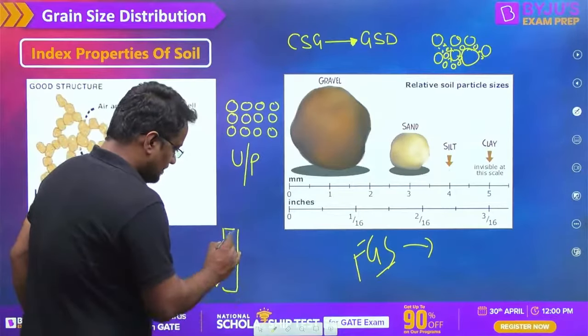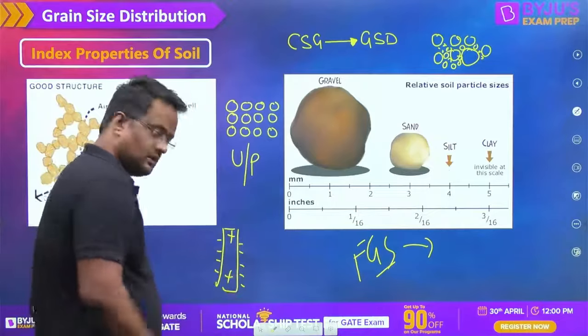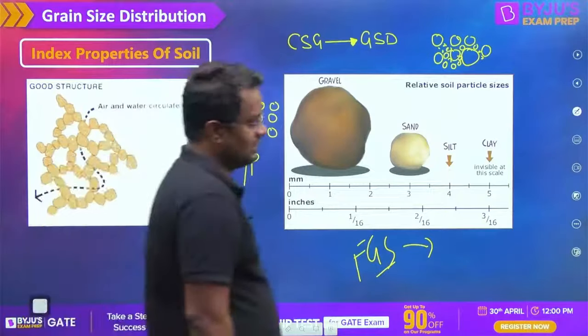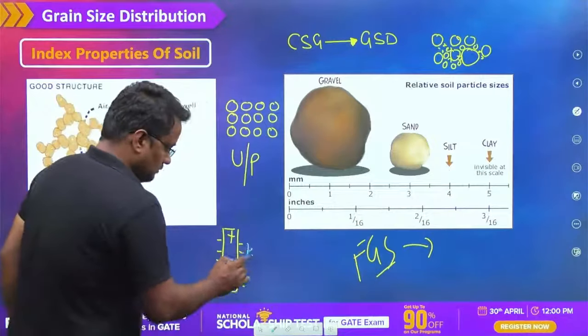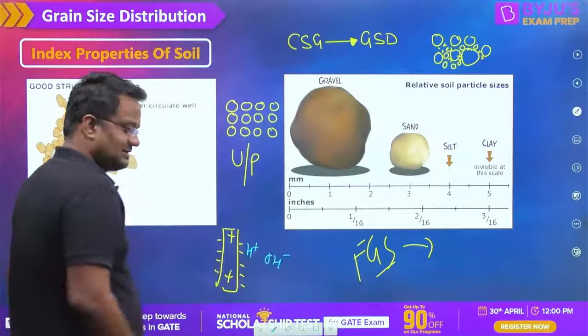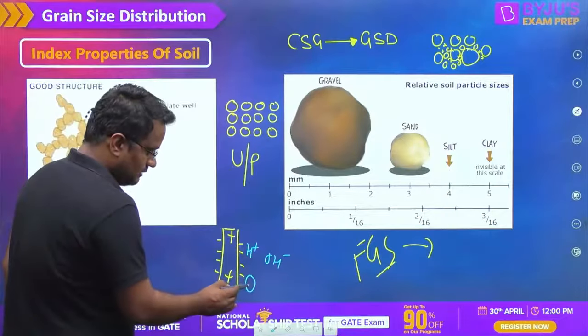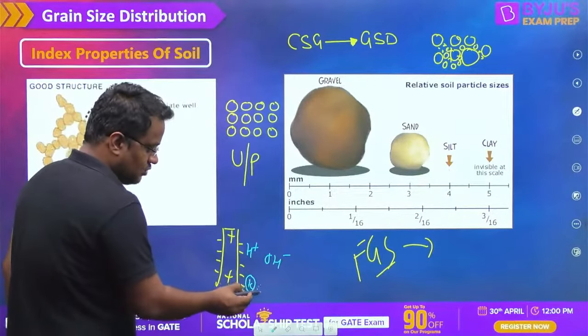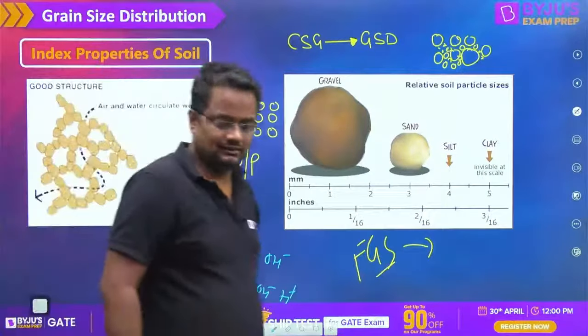Suppose this is a flaky shape, because fine grain soil has a flaky shape with charge distribution. So water is a dipole. H plus may attract like this, or it may be some cation, K plus, calcium, and then OH minus is attracted to this. So the water dipole plays with this.